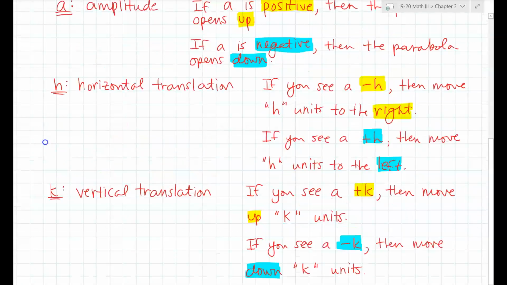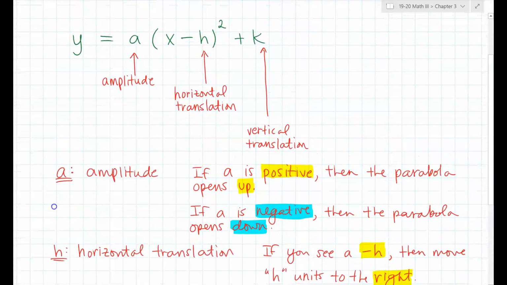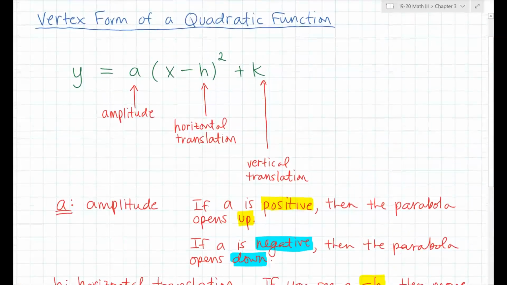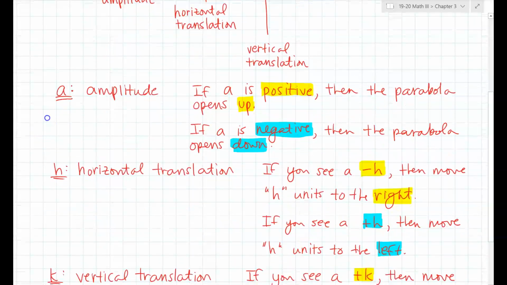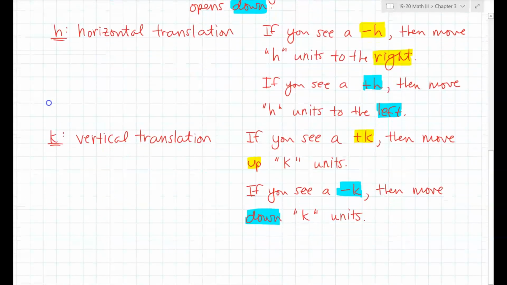All right, so what we've seen so far, a lot of definitions, but we've seen the definition of the quadratic function in vertex form, y equals a times x minus h quantity squared plus k. And we talked about what a, h, and k stand for. But there's also something else that the value of h and k together can give you.